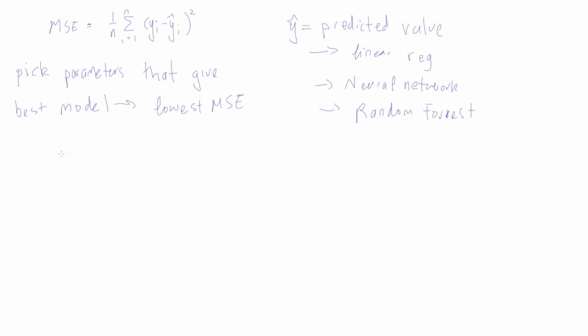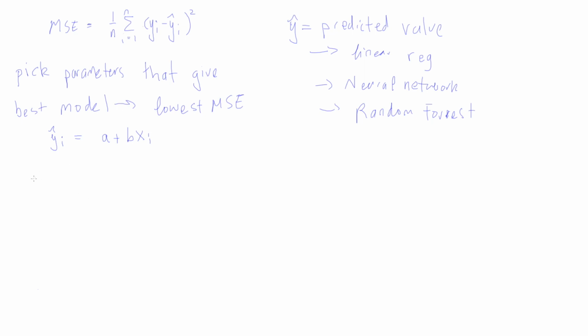Now if you recall, in our case, we're doing simple linear regression, so y hat i is equal to a plus b xi, right? So we need to figure out the best a, b that are going to give us the lowest MSE.